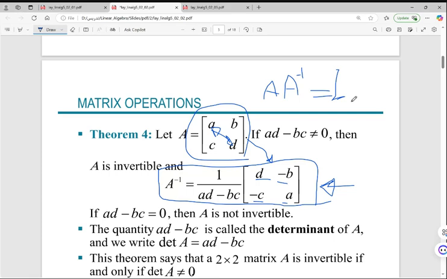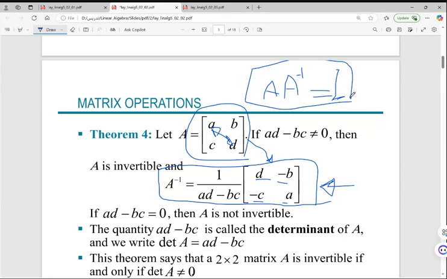So you can do it by yourself if you are really curious about the correctness of this theorem. Please compute A times A minus 1 and see what the result is. The result will be I. With A and A minus 1 defined in this way, the multiplication will yield the identity matrix.